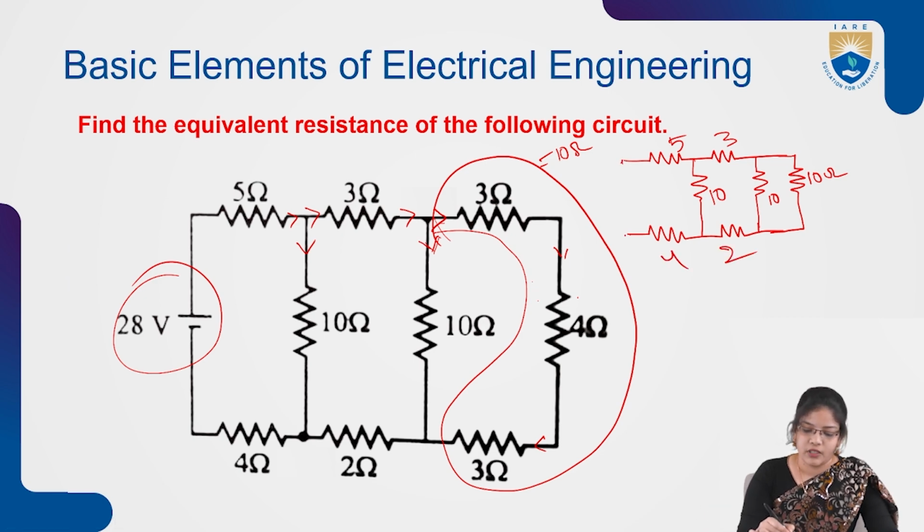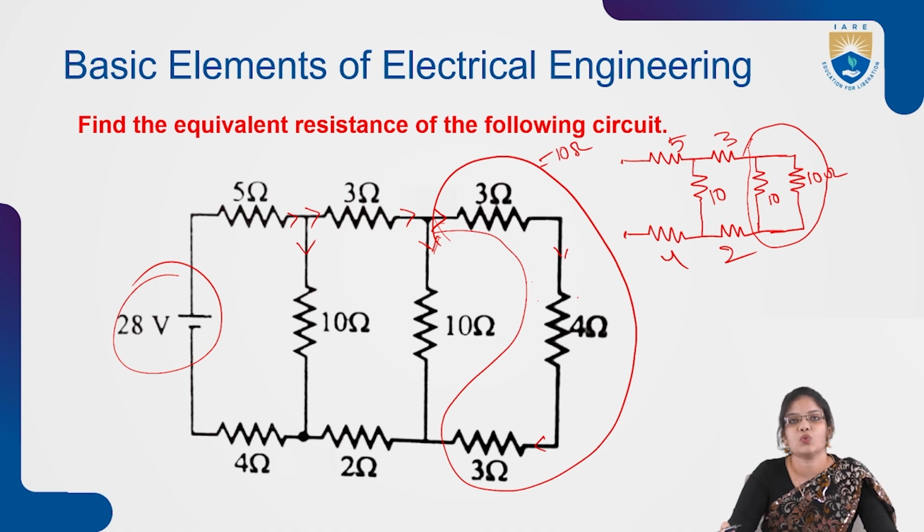So now if we consider this circuit, on the opposite side of the supply, again these two resistors are connected in parallel, as the current is dividing here. So if the current is dividing, only two resistors are connected in parallel, so we can use the formula R1 into R2 by R1 plus R2.